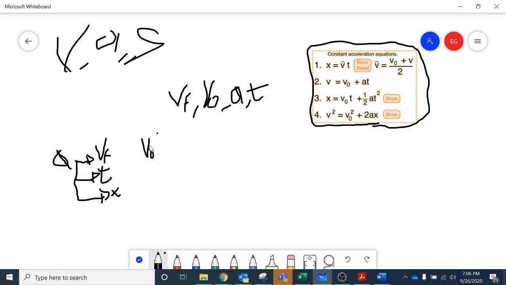You can pretty much just assume that v initial is zero. So if you're not given that initial velocity, and the problem states that something is accelerating to a final velocity, or accelerated for a certain amount of time, or for a certain distance, you can safely assume that the initial velocity is zero.